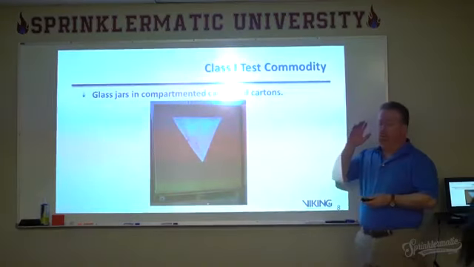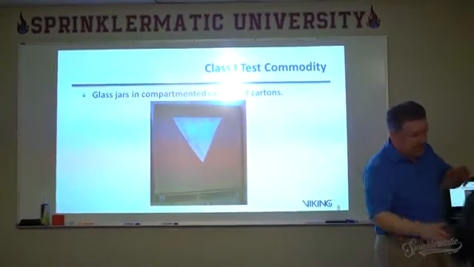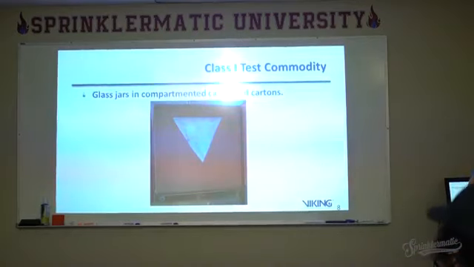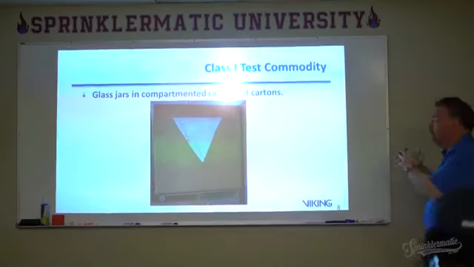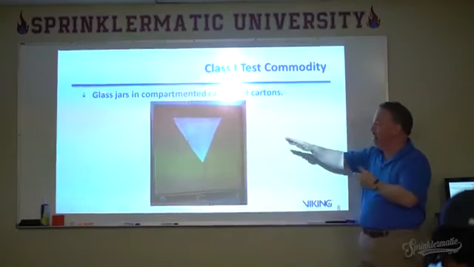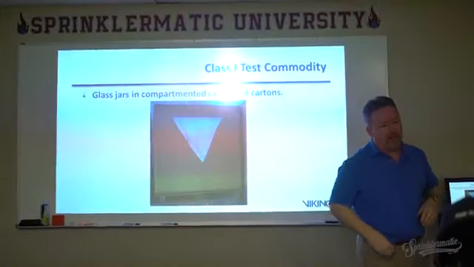Now, the way we got to this first commodity, class 1 commodity, is that this is the class 1 test commodity. We had glass jars, non-combustible, in compartmented cardboard cartons, single layer glass jars within that commodity.